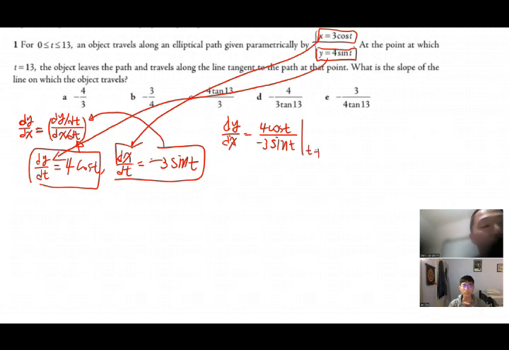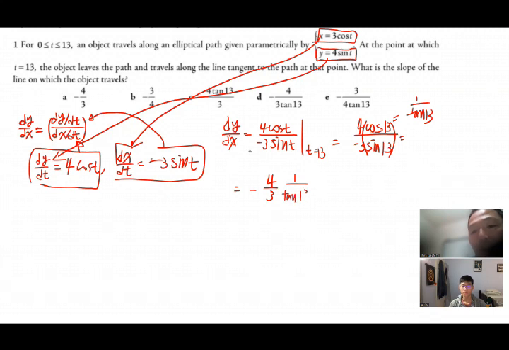So you plug that in, and that should be 4 cosine 13 over minus 3 sine 13. This is the same as 1 over tangent 13, so the answer should be 4 over 3 times 1 over tangent 13. That is an easy problem to solve. So the answer might be number D.